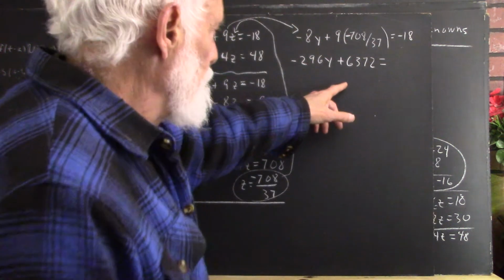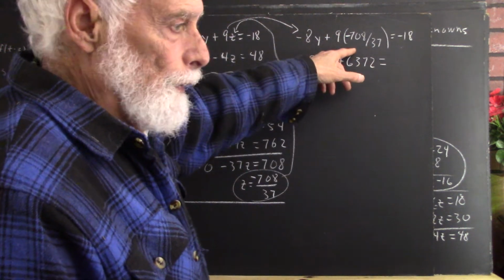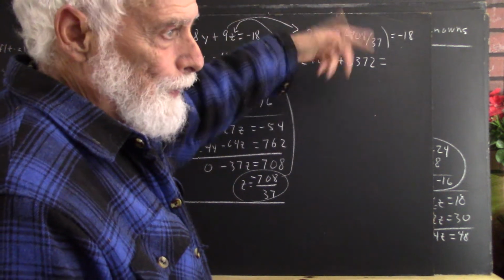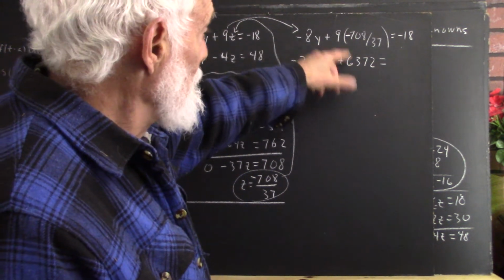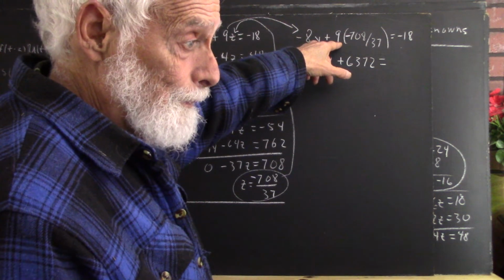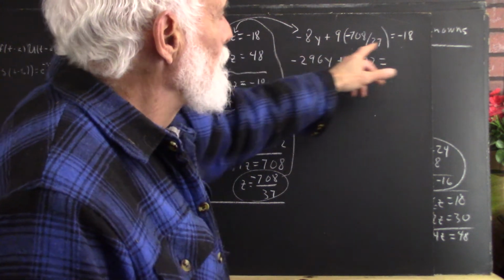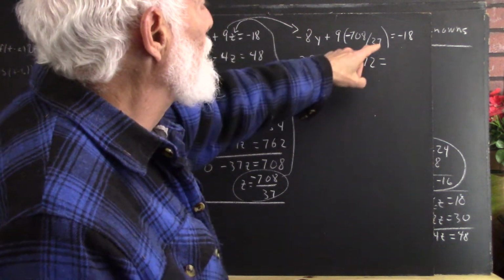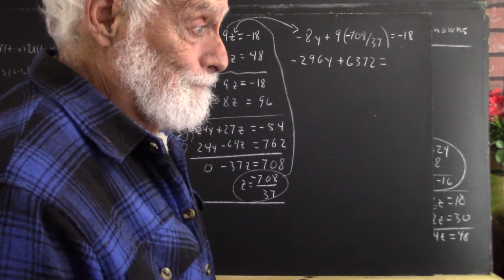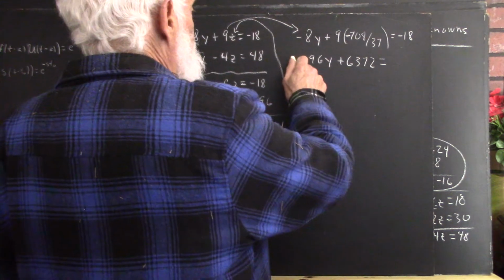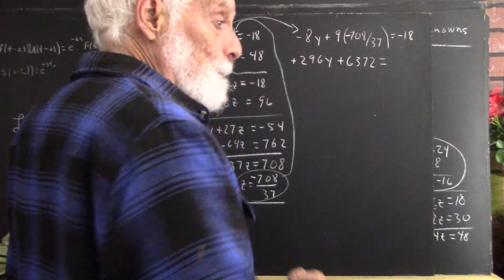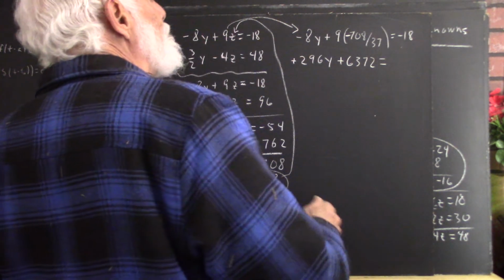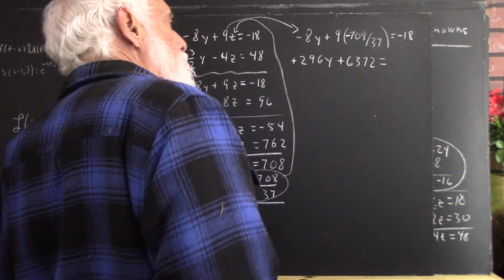And I wrote that down carelessly. I was so hung up on doing the multiplication, which wasn't that difficult, that I put a plus sign here. It should have been negative. Since all these are negative, I'm going to go back and say I'm multiplying by negative 37, which will make all the signs positive. Okay? Now, again, 37 times 20, 740.